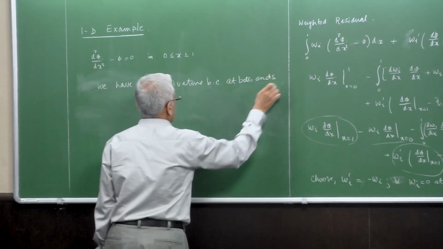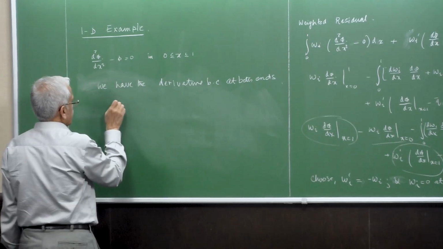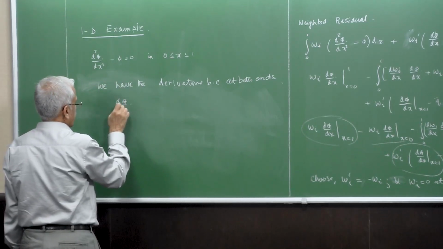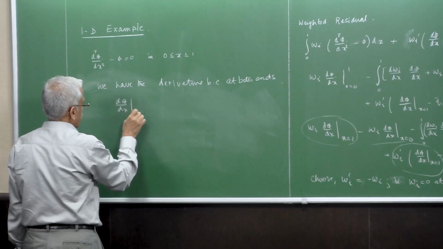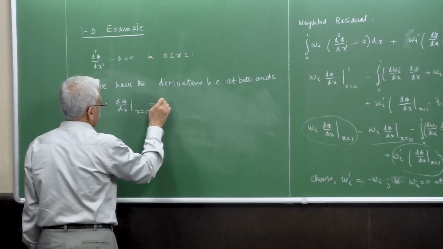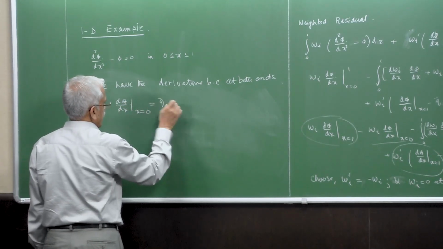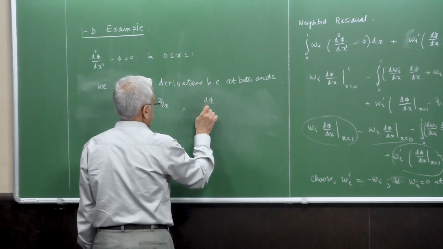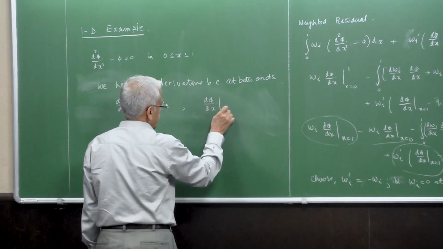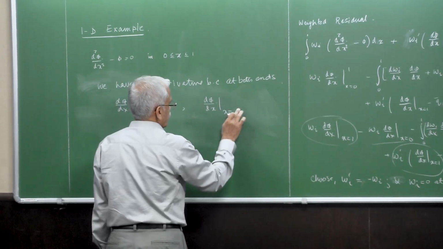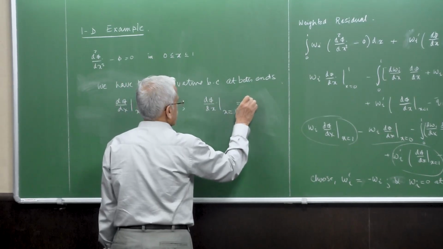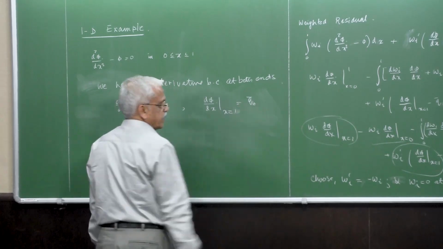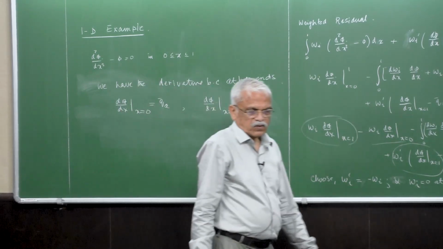At both ends, in the sense that we have d phi by dx at x is equal to 0 as qa, and as earlier, d phi by dx at x is equal to 1 as qb.